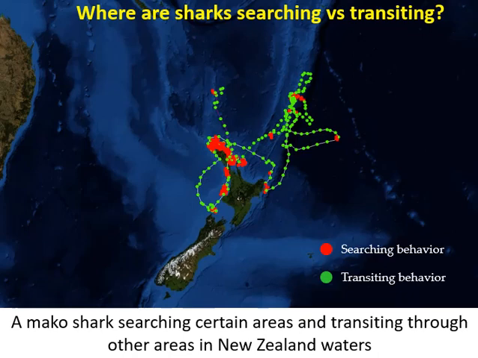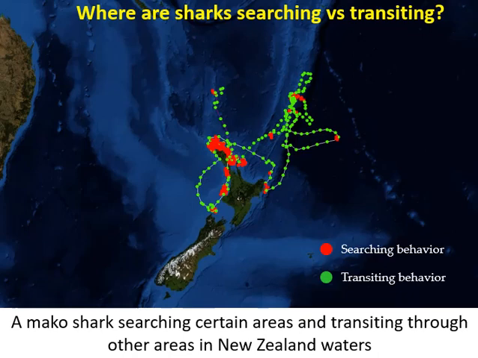And so we've done this with mako sharks, for instance. That's the first animal that we'll talk about. But just sharks in general, or animals in general, you can look at these different movements, different locations that are generated by tracking, and you can designate each location as searching or transiting.